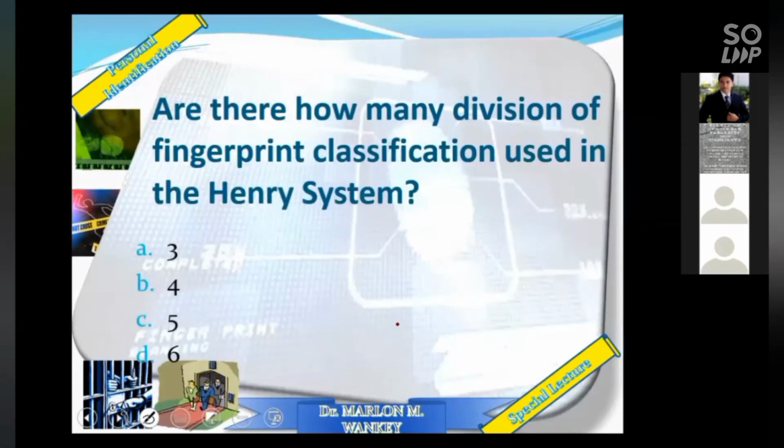Next. How many divisions of fingerprint classification are used in the Henry system?